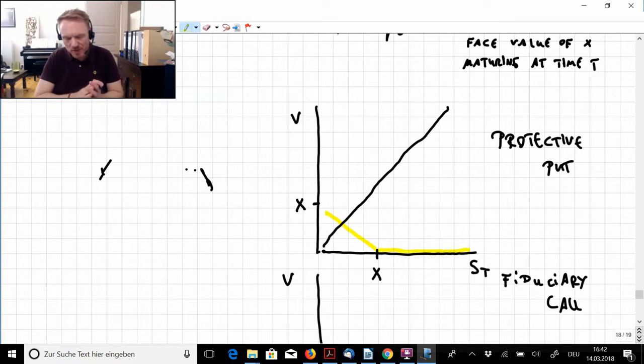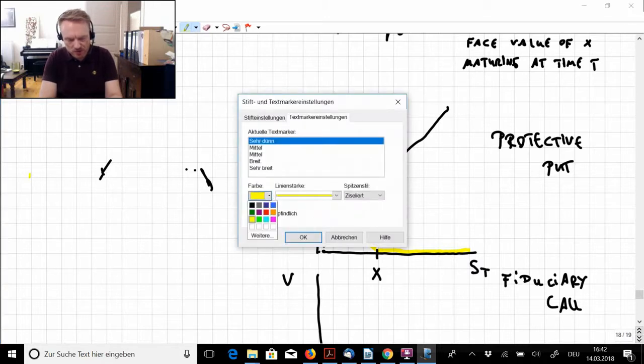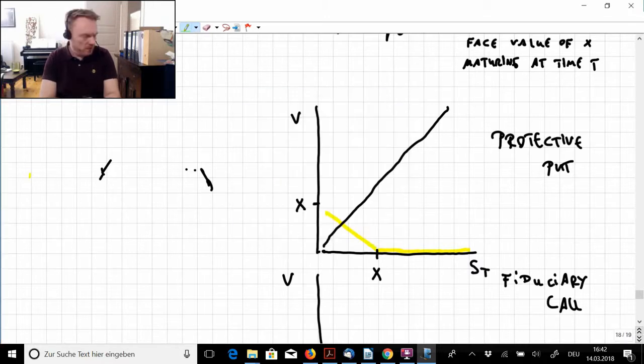So if we just add those two things, let me try to put it in a green color. What's the sum of those two values? It goes here and then right there.